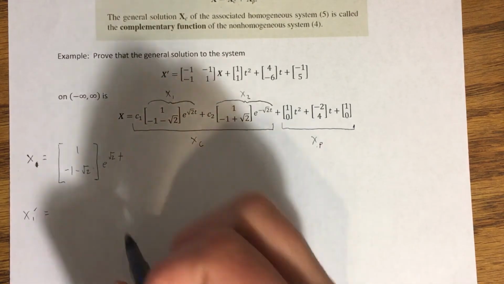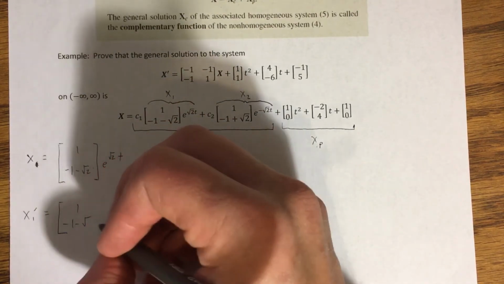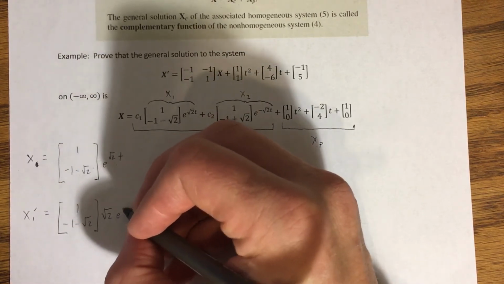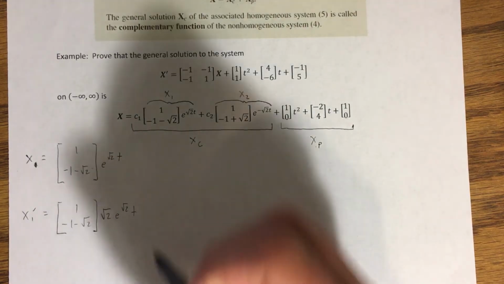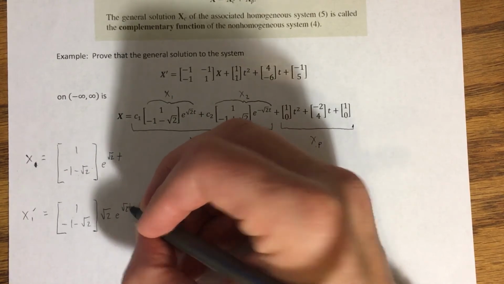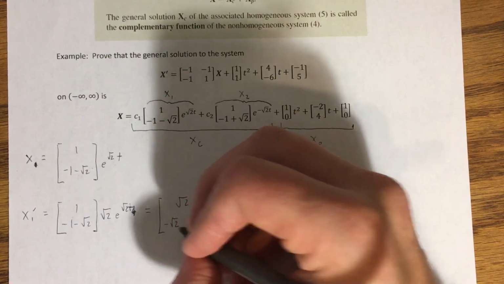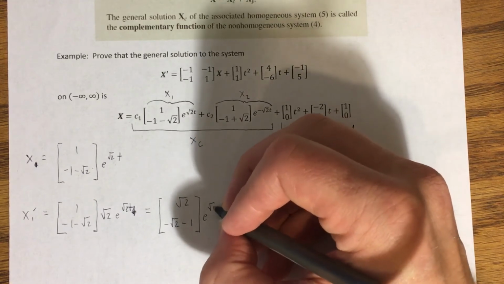So this would actually just look like (1, -1 - √2) times √2 e to the √2 t. Now, if I wanted to go a step further, I could multiply this √2 in. So this would look like (√2, -√2 - 2) e to the √2 t, bringing the √2 in there.